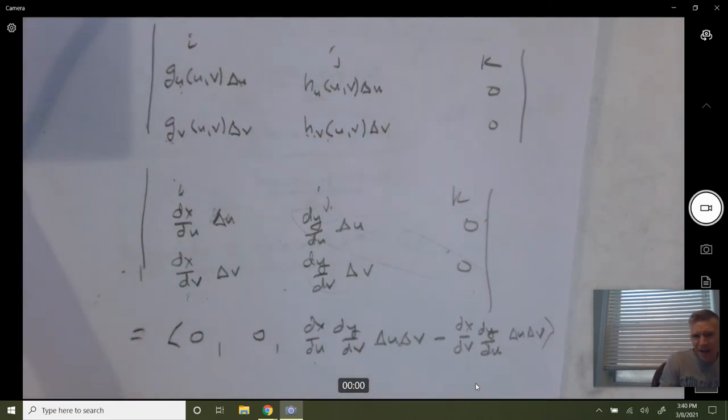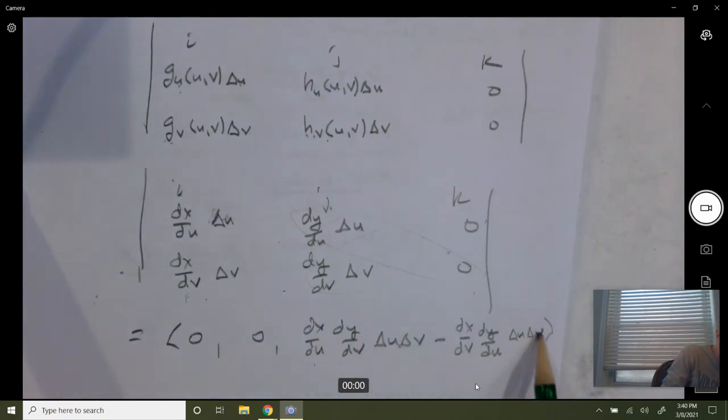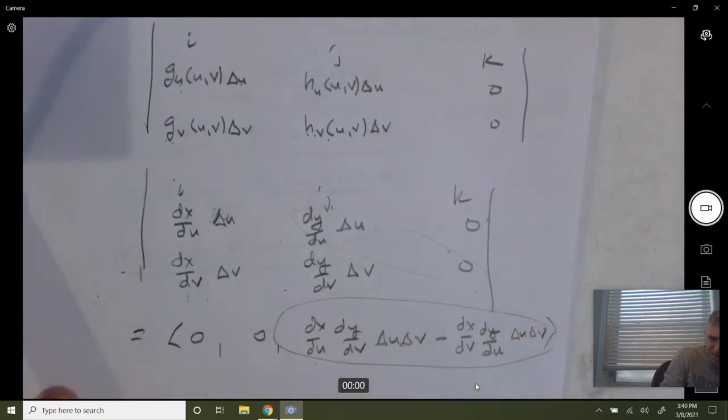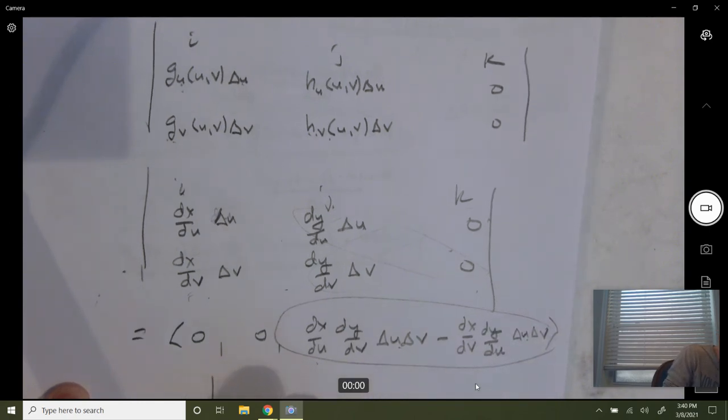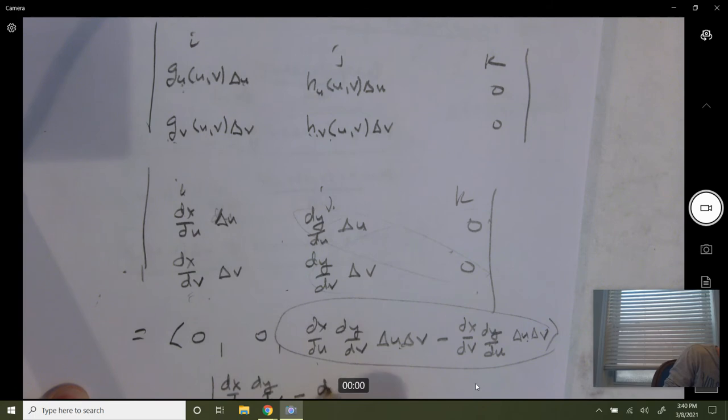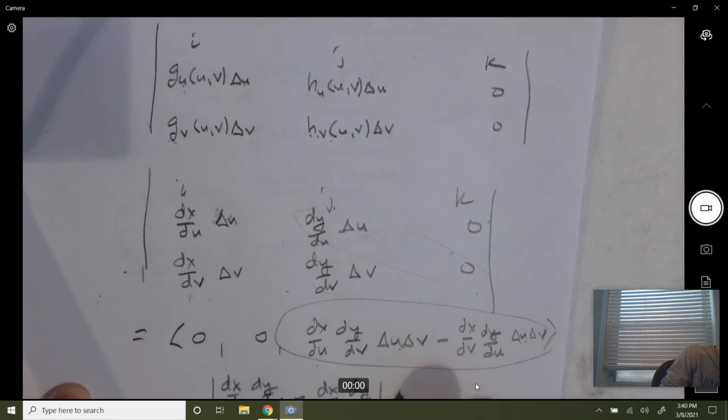Okay, and we want the magnitude of this thing, which is simply going to be the magnitude of this. We can factor out that delta u delta v, and what's left is the magnitude of dx du dy dv minus dx dv dy du, and then you factored out the delta u delta v.